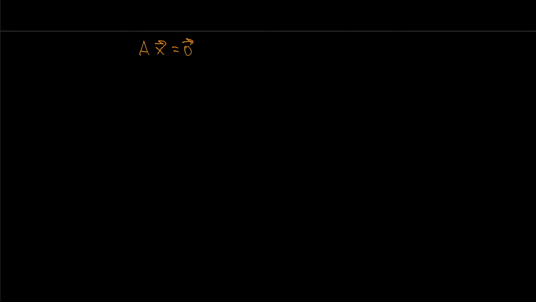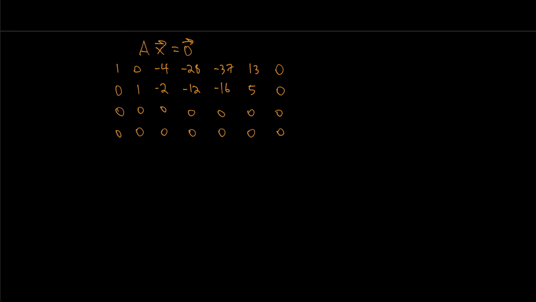So we'll write 1, 0, -4, -28, -37, 13, 0, and 0, 1, -2, -12, -16, 5, 0, and then the other ones were 0. I'm just writing the reduced row echelon form instead of writing A, because that basically is what we would have to do anyway in order to solve this equation. I just added this extra column of zeros.